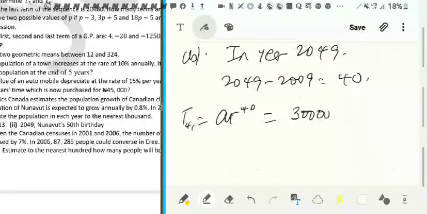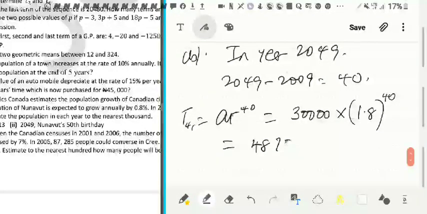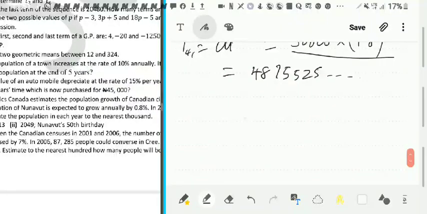You know your A is 30,000. Then what is our R? 1.8 raised to the power of 40. This will give us an extreme value, 4875525 dot dot dot. So you can just leave your answer like this, and that's that for that.